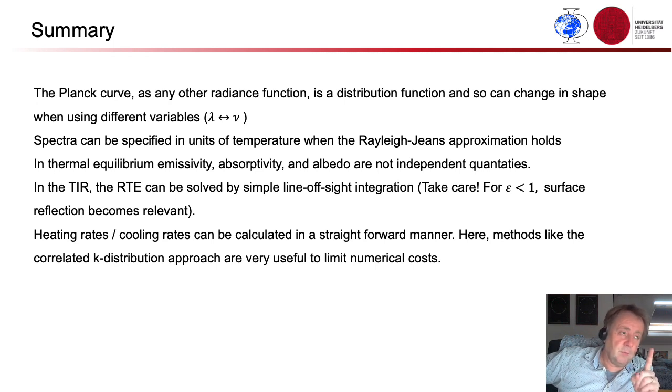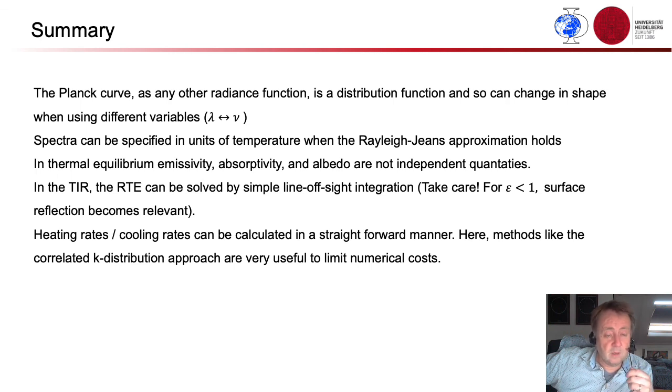And we always have to consider that it's a distribution function, so we have to take into account the Jacobian of the transformation function. That's important. We also have found that spectra can be specified not only in watts per whatever, but also in temperature, under the assumption that the Rayleigh-Jeans approximation holds.